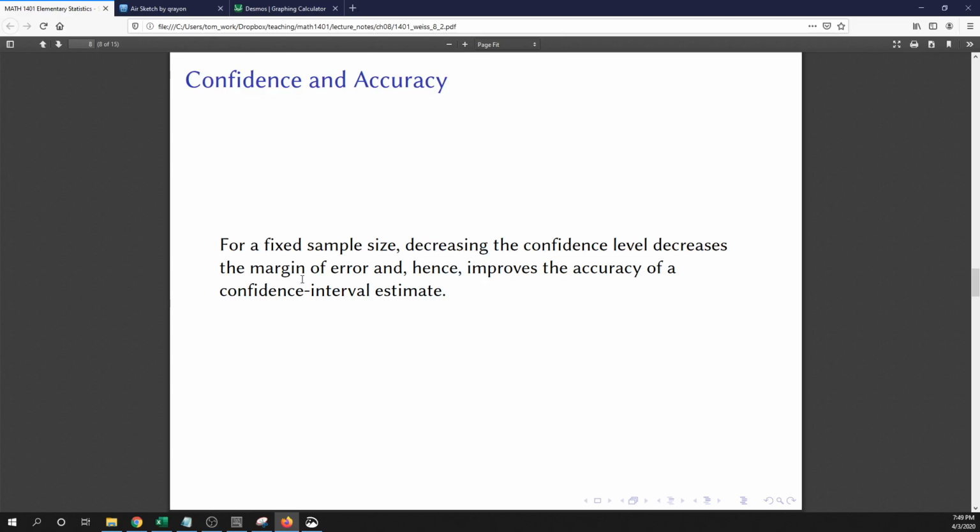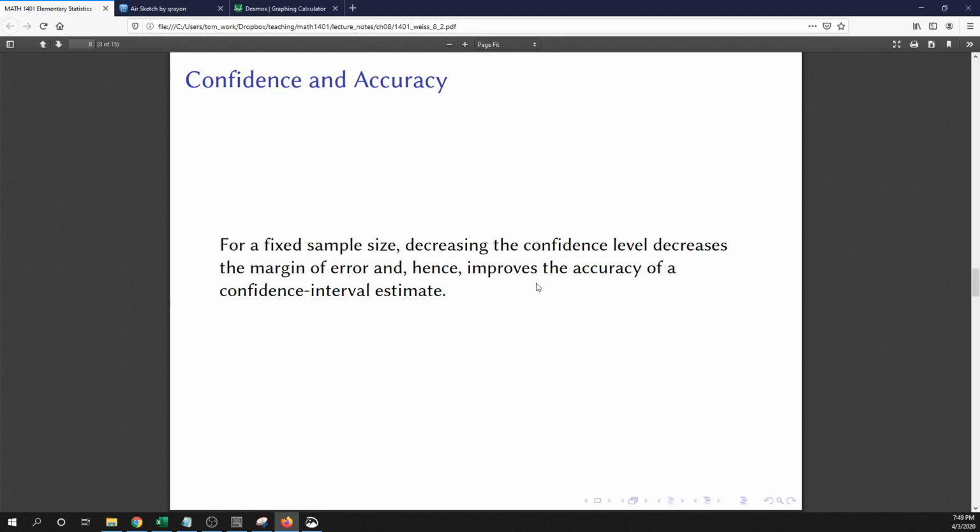I'm going to get a smaller interval, okay? And so with the smaller margin of error, that improves the accuracy of a confidence interval estimate, okay? So decreasing the confidence level improves the accuracy, all right?